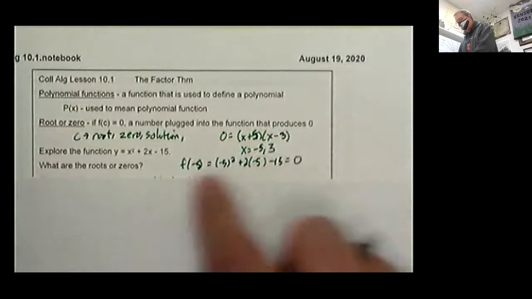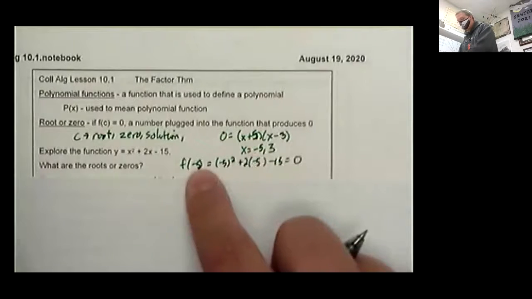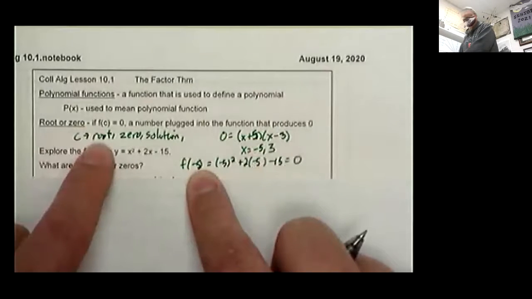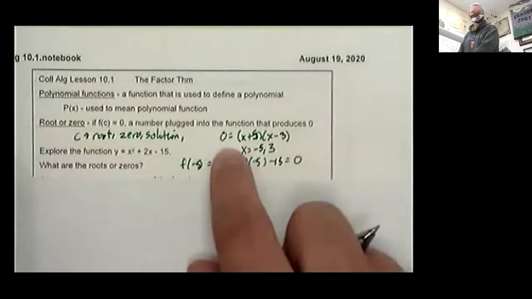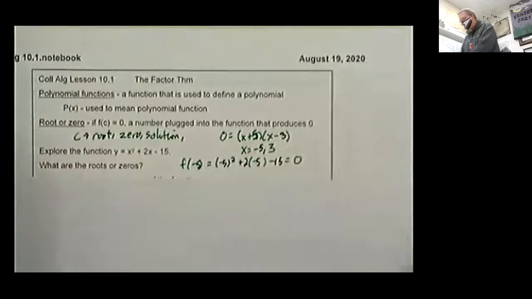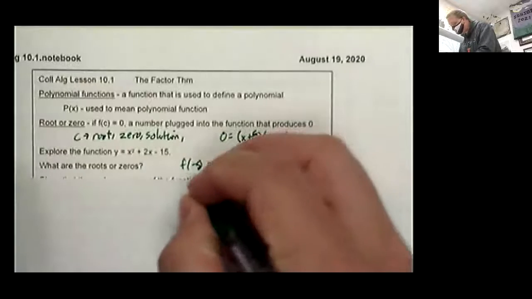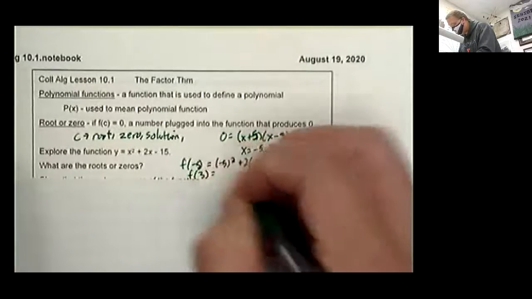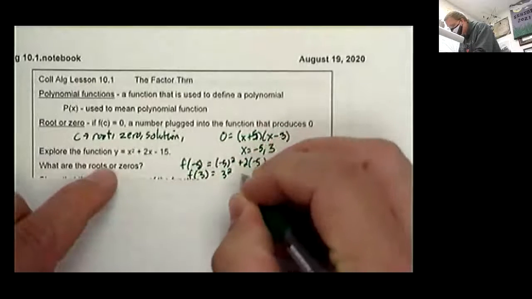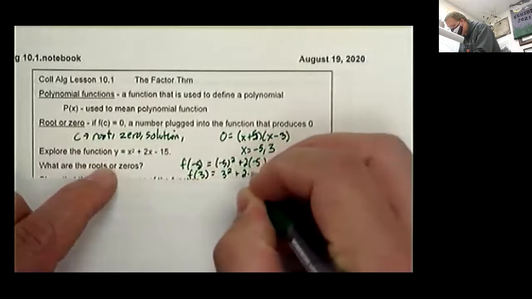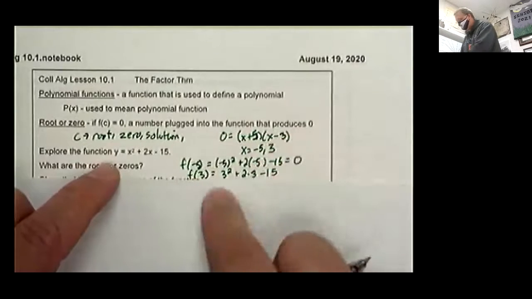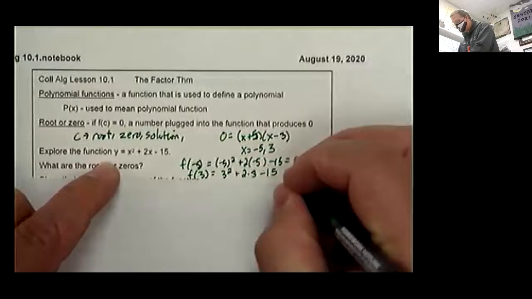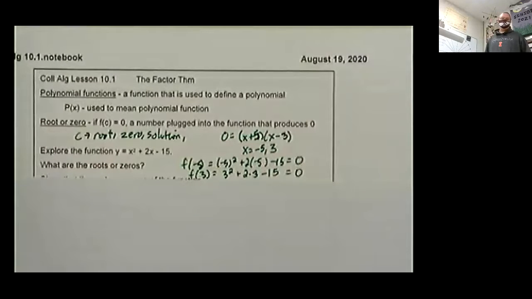That's 0. -5 was a solution, but it's also a root or a 0, because if we plug that number back in, we get a 0. And that makes sense because we started this equal to 0, and that's how we got the number. What if we did f of 3? Well, that would be 3 squared plus 2 times 3 minus 15. That's 9 plus 6 is 15 minus 15. And again, we get a 0.